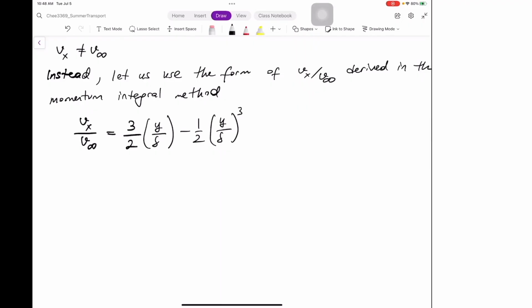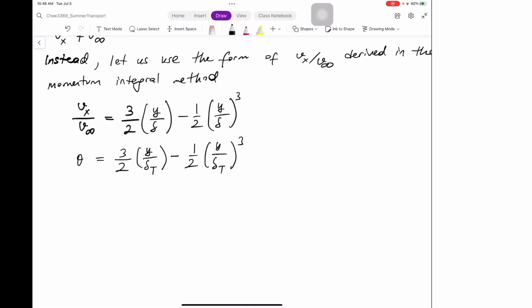And we had found also that theta was equal to 3 over 2 y over delta t minus 1/2 y over delta t cubed, right? And it makes sense. We had argued before that when delta is almost equal to delta t, then this almost equals to this.